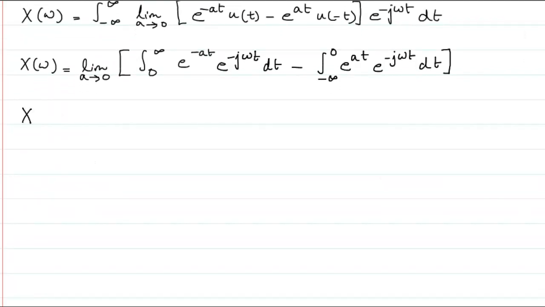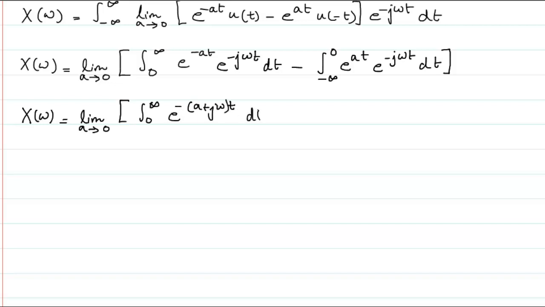Again I can change it: X of omega is equal to limit a tending towards 0, and these two I can join as the integral from 0 to infinity of e raised to power minus (a plus j omega)t dt, minus the integral from minus infinity to 0 of e raised to power (a minus j omega)t dt.